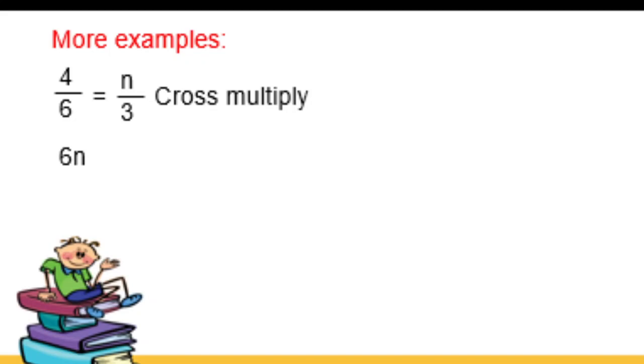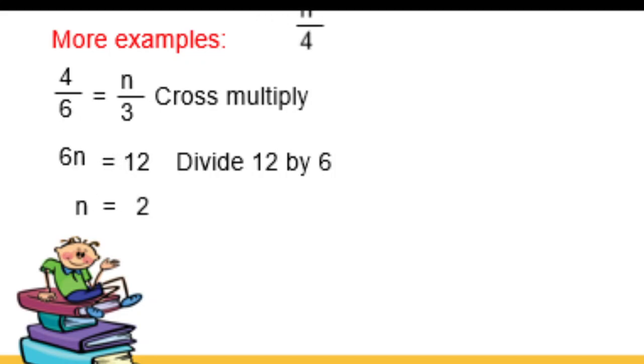Then 4 times 3 is equal to 12. Then divide all terms by 6. And then 6n divided by 6 is equal to n, and 12 divided by 6 is equal to 2. So, therefore, the value of n is 2.